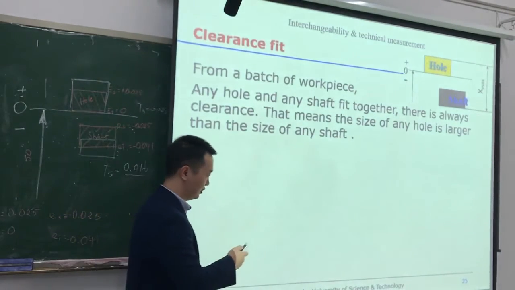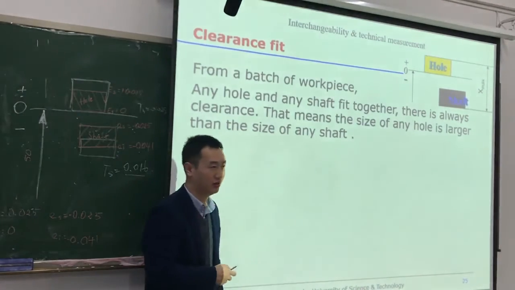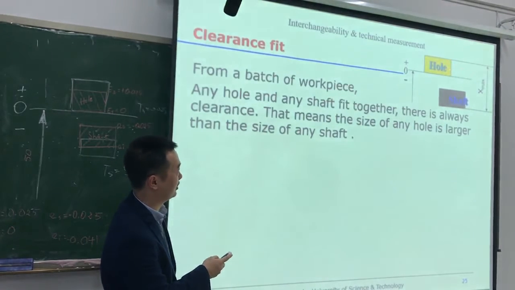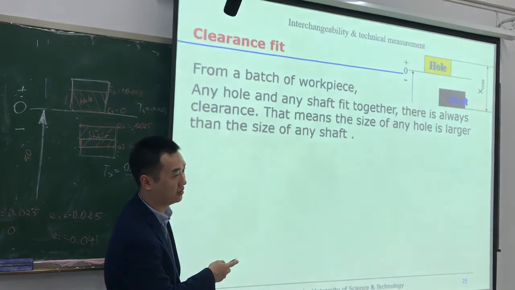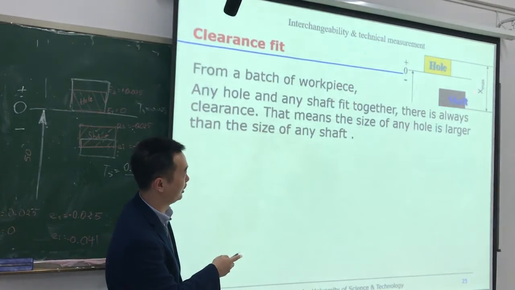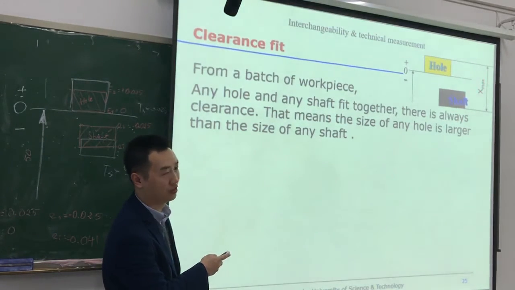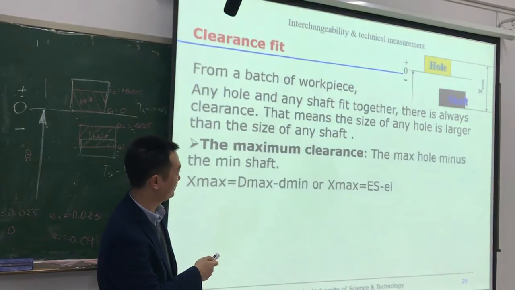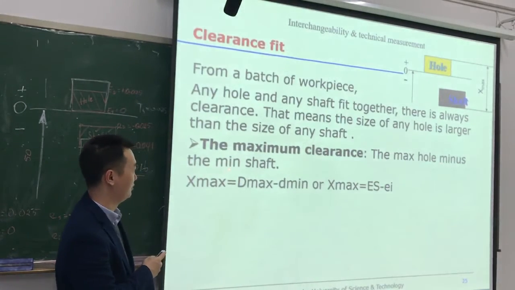And the clearance value is in a range. For example, we can calculate the maximum clearance using the capital ES minus the lowercase ei here, right? We use the value here minus the value here to get the maximum limit of the clearance. That's the maximum clearance. It's the maximum hole minus the minimum shaft.